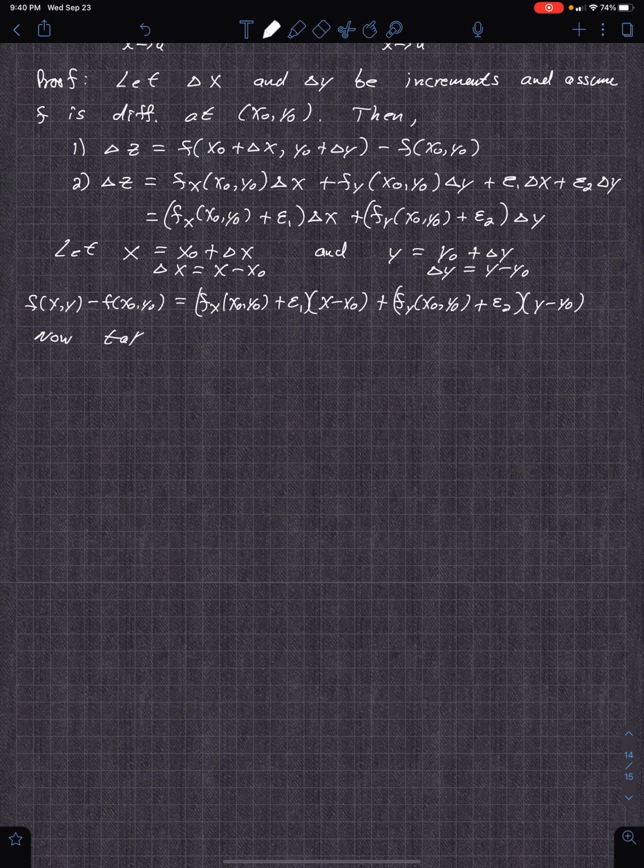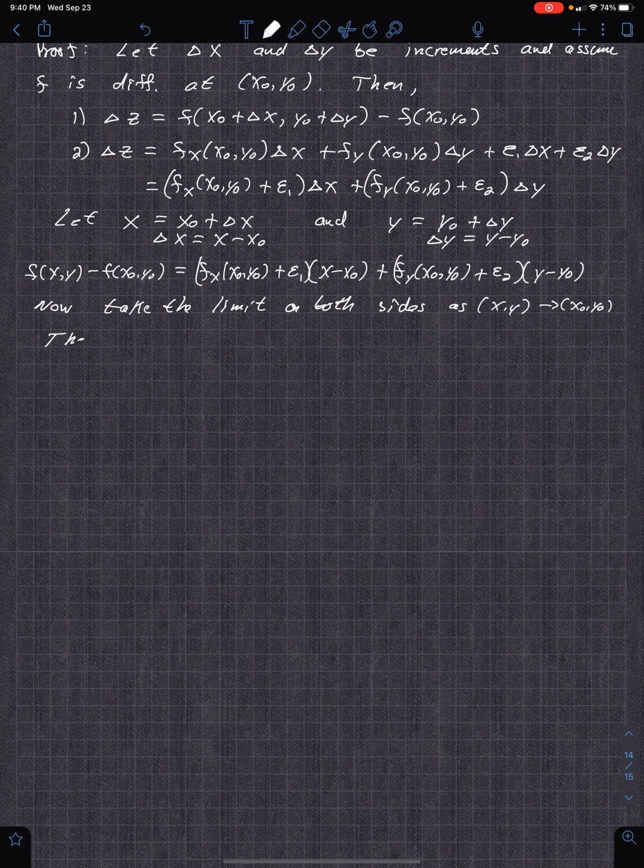Okay, so now take the limit on both sides as x, y both approach x naught, y naught. When you do that, you get the limit of f of x, y minus f of x naught, y naught as x, y approaches x naught, y naught equals 0.